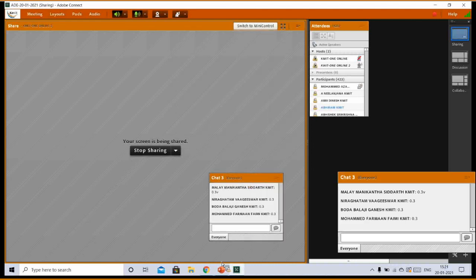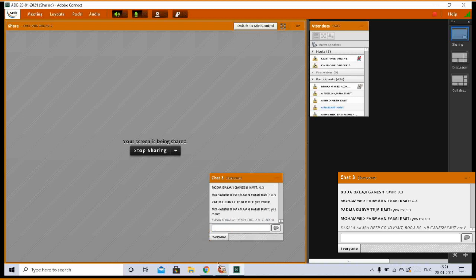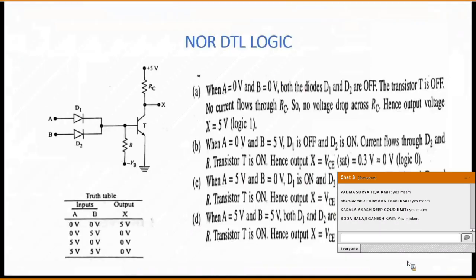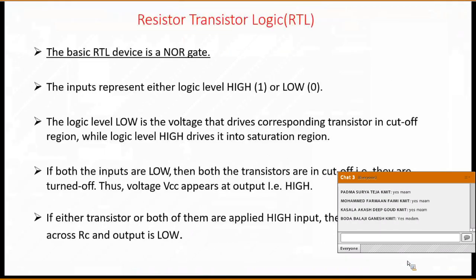Have you all understood the DTL part? Next, I'm moving into the RTL logic family. Next comes the RTL.